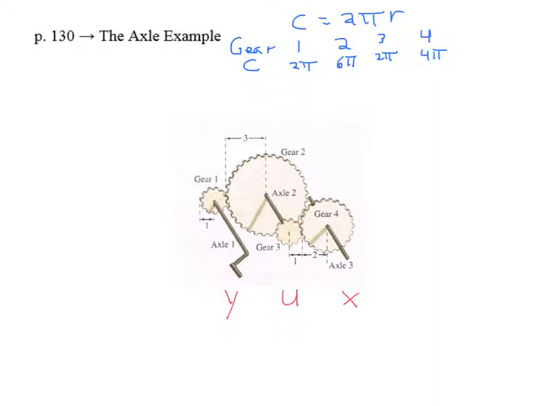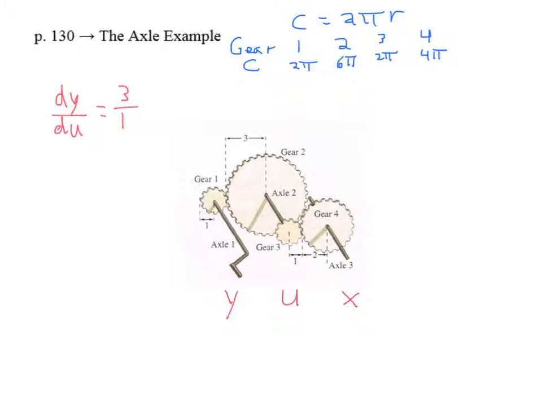So we could write that by saying that dy du is equal to 3 over 1. Axle 1 would go around 3 times to make axle 2 go around once. So the rate is 3 to 1 that we're spinning axle 1.